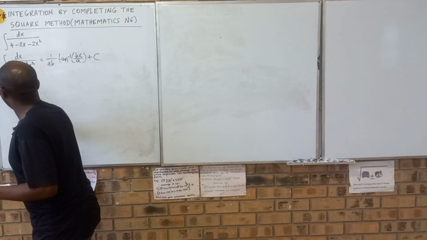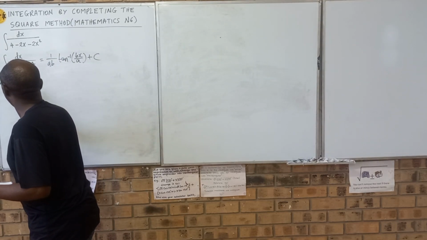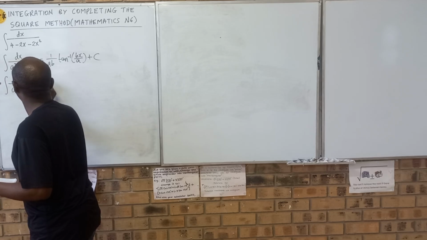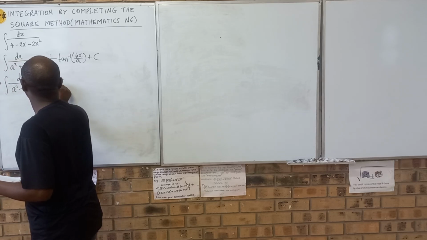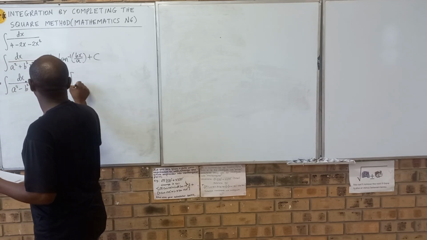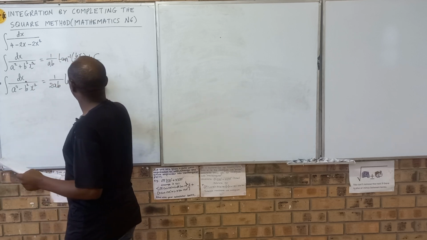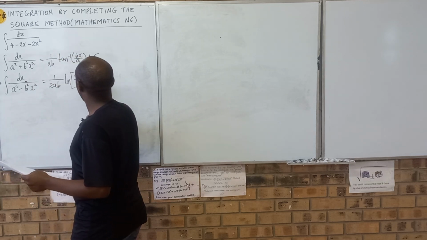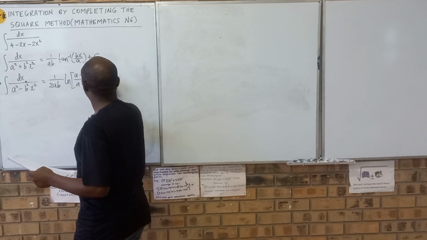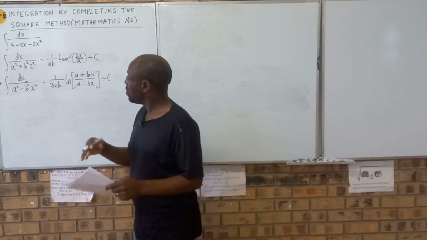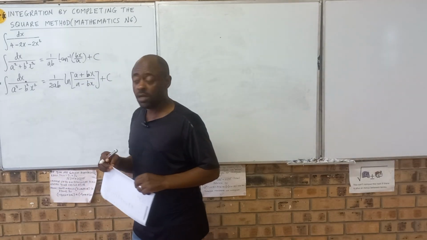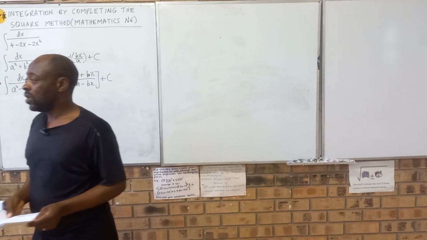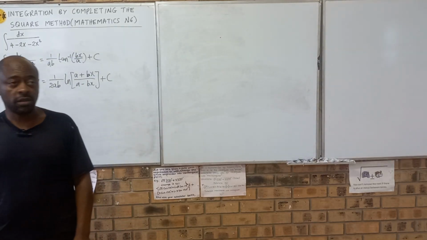Then the next one resembles the first, which is dx on a squared minus b squared x squared, which is 1 over 2ab, the log of a plus bx divided by a minus bx, all this plus c. So these two formulas are all on the maths N6 formula sheet on page number 4, if you are an N6 student.